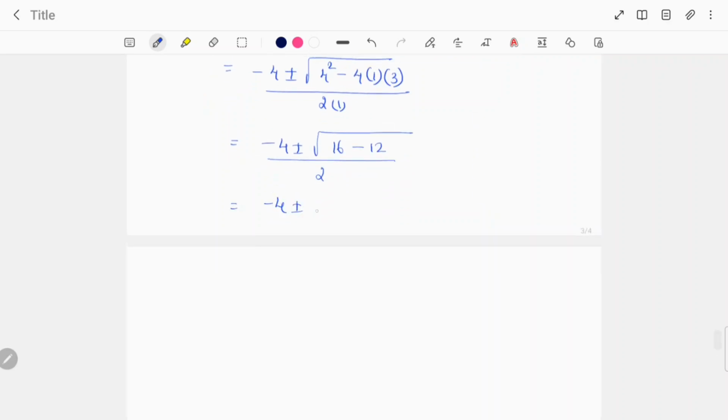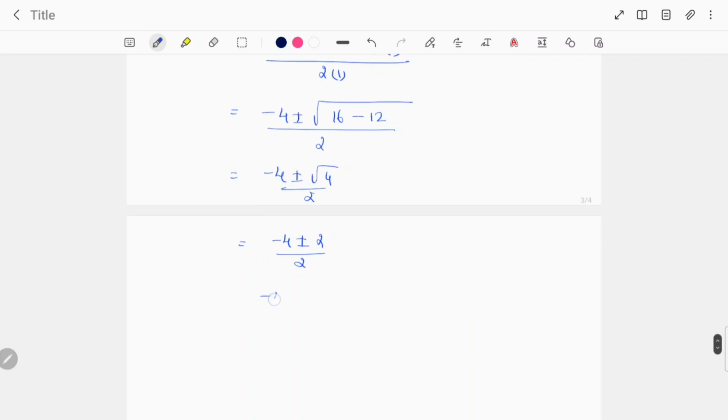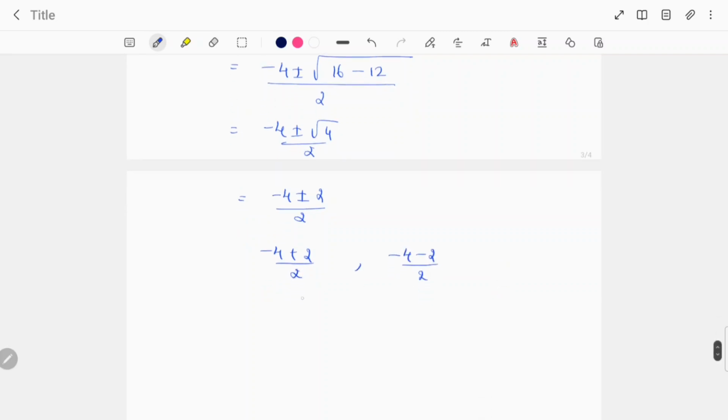Minus 4 plus or minus the square root of 4 by 2. The square root of 4 is 2. So minus 4 plus or minus 2 by 2. Here plus or minus, now we should write two cases. Minus 4 plus 2 by 2, comma, minus 4 minus 2 by 2. This will be minus 2 by 2, it is minus 1, comma, minus 6 by 2, it is minus 3.